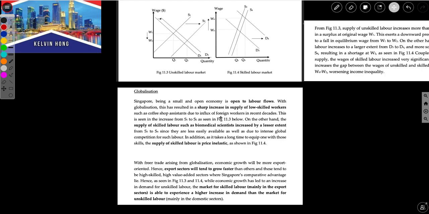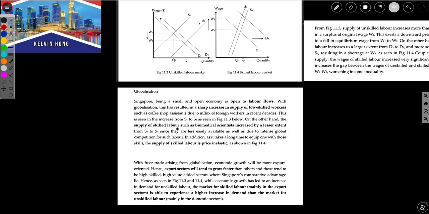He's not an ITE grad, he's not a poly grad, he's Malaysian, and he is skilled enough to do the job. He has set up a company in Singapore offering these handyman services, which could have been a job done by some of our ITE graduates. So you see this competition going on from foreigners, and that's really part and parcel of the phenomenon of globalization.